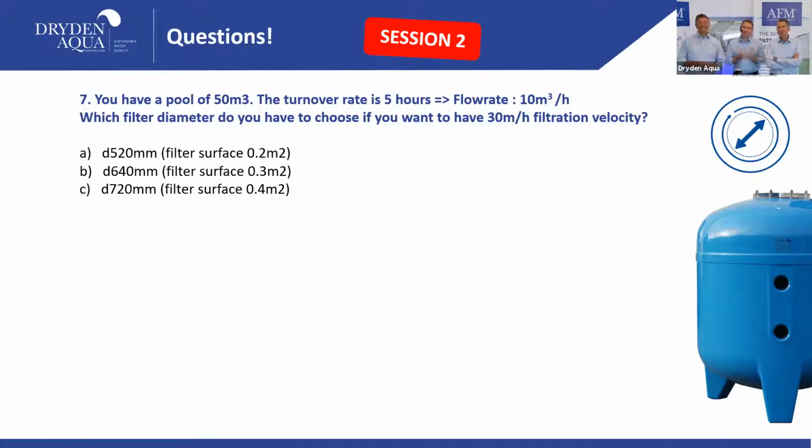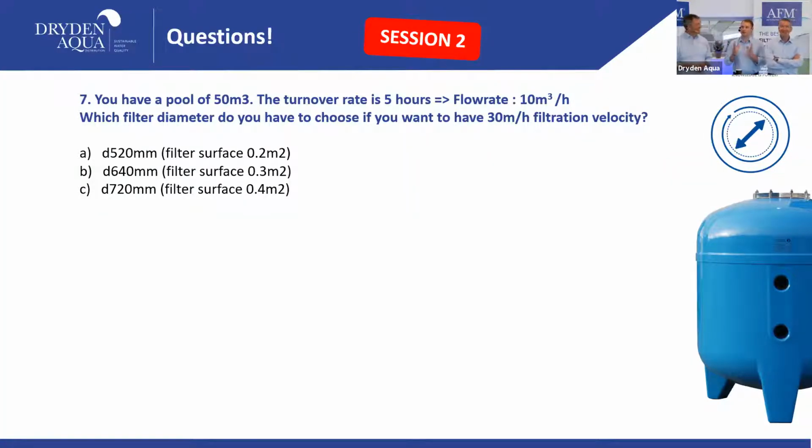And here the question is, which filter do you have to choose if you want to have a 30 meters per hour filtration velocity? Approximately 30. I helped you by mentioning here the filter surface. So A is 520 millimeters, B 640, C 720, D 840, or F 960.